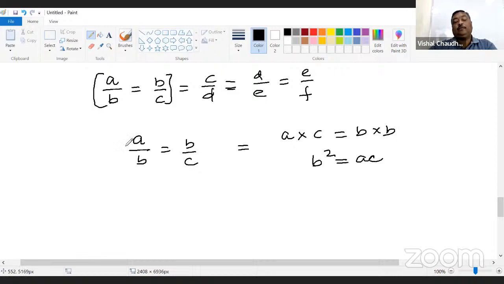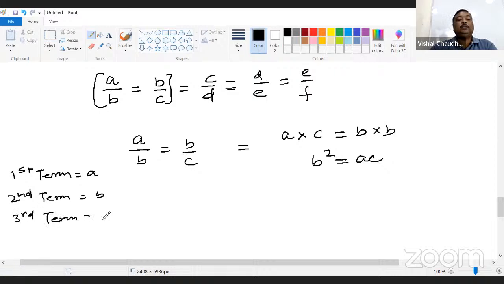A is your first term, B here is the second term, and C here is the third term.